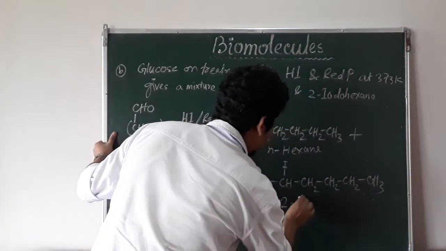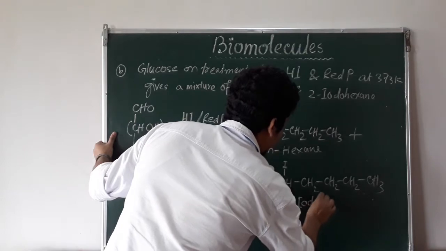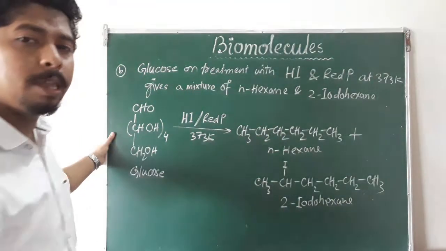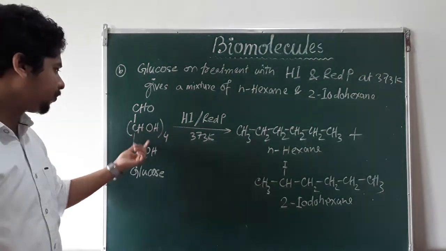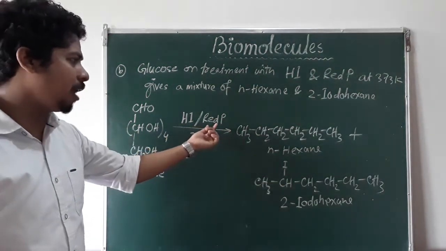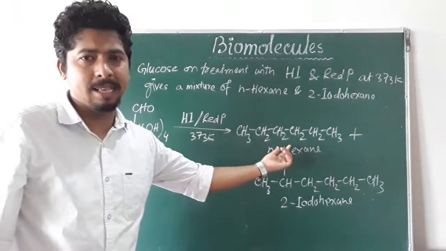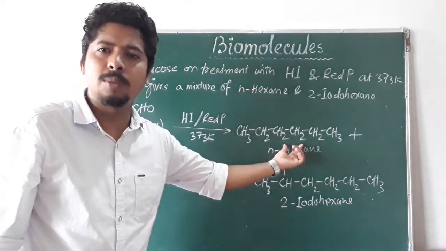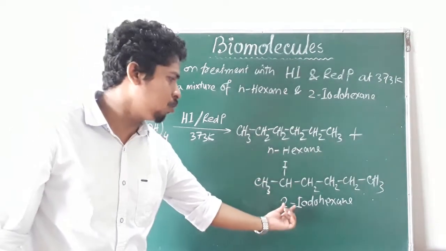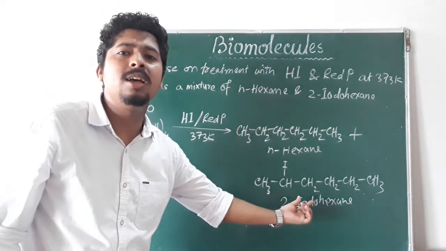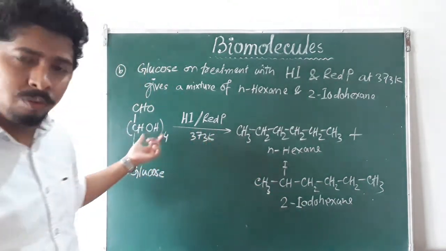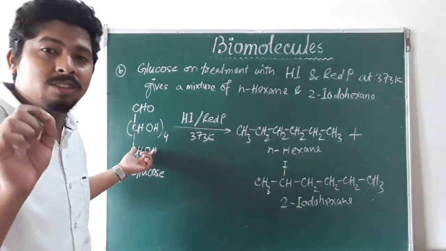So this is 2-iodohexane. So this glucose upon treatment with hydrogen iodide and red phosphorus converts into N-hexane. In N-hexane, all the carbons are in the straight chain form. In 2-iodohexane also, all the carbons are in the straight chain form. Means this reaction indicates that in the glucose unit also, all these carbons are in the straight chain form.